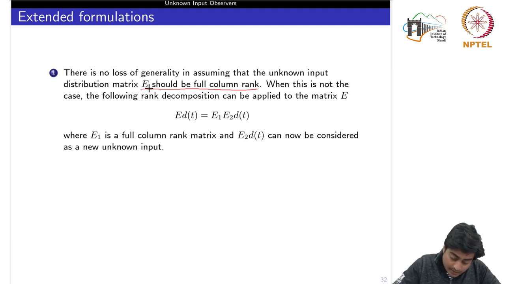Now if E is not full column rank, then using the rank decomposition we discussed earlier, I can decompose this E matrix as the multiplication of two matrices E1 and E2, where E1 is now full column rank and E2 might not be. So in my new formulation I can write this as E1 with some variable v bar, where v bar is my E2 d(t), and this v bar is now my unknown vector.